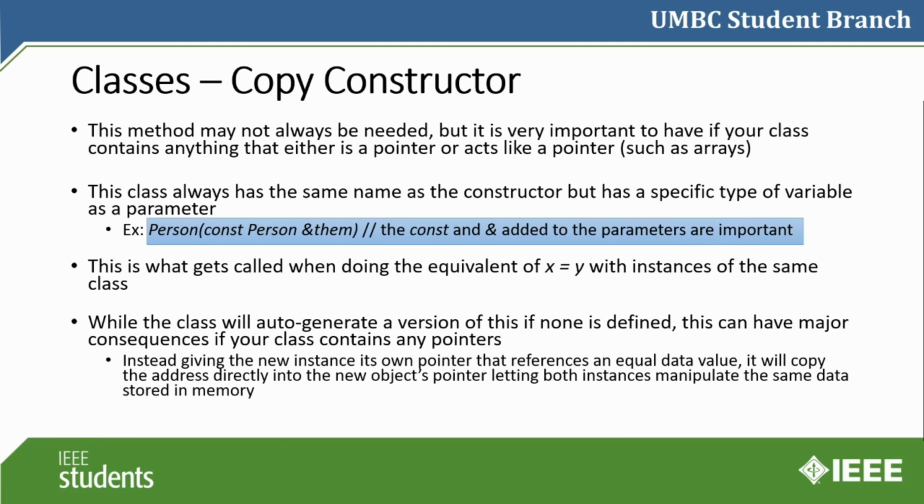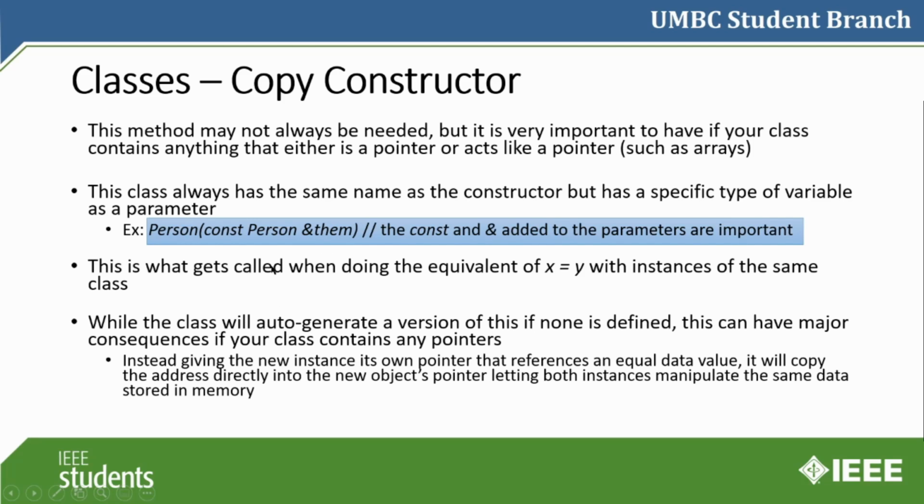So the next thing we're going to cover is a special kind of constructor called the copy constructor. This is the constructor that's called when performing an assignment from one instance of a class to another. The way that this works is that you have to use this specific method name, and create it using the const and the ampersand for the variable, which we haven't covered.